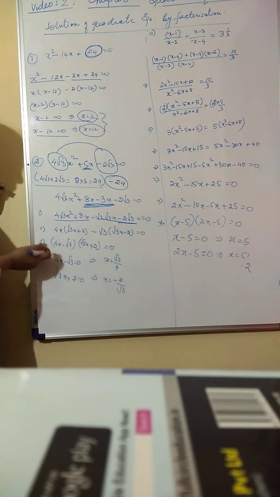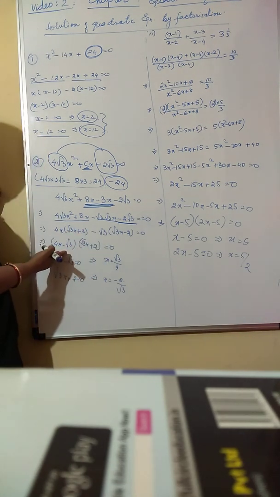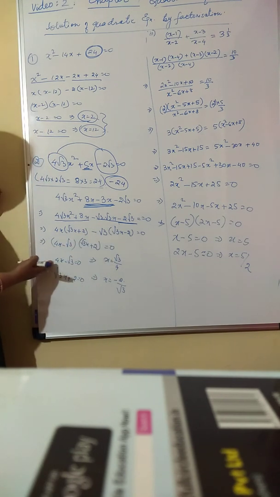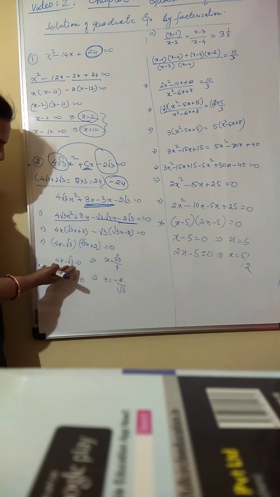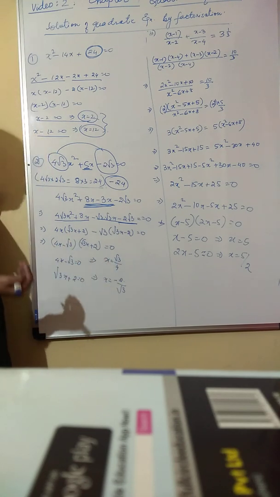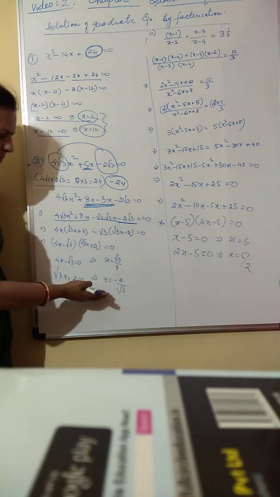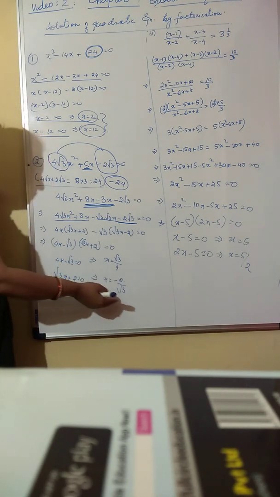Now I have grouped them, 4x plus... being one factor, root 3 x plus 2 being the second factor, equal to 0. The first factor, 4x minus root 3 equal to 0, would imply x equal to root 3 by 4. And the second factor, root 3 x plus 2 equal to 0, would imply x equal to minus 2 by root 3.